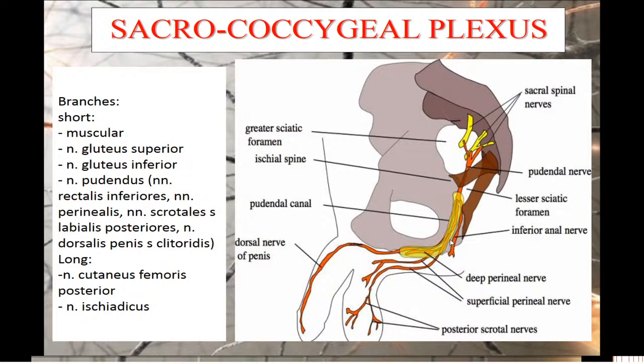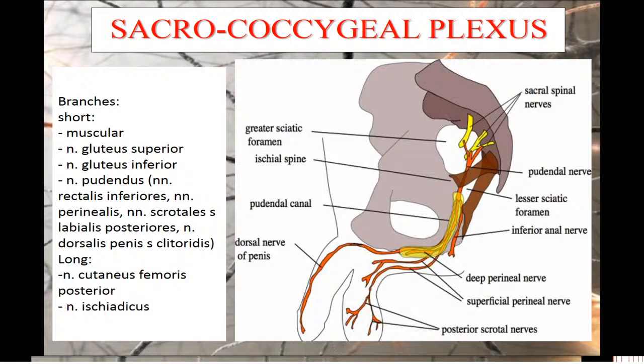Then this pudendal nerve gives off perineal branches supplying the skin of the perineum in males and females, and these perineal branches terminate as the posterior scrotal branches in males or posterior labial branches in females.